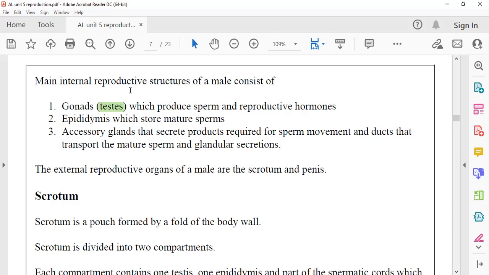Urethra, vas deferens, and the sperm duct.